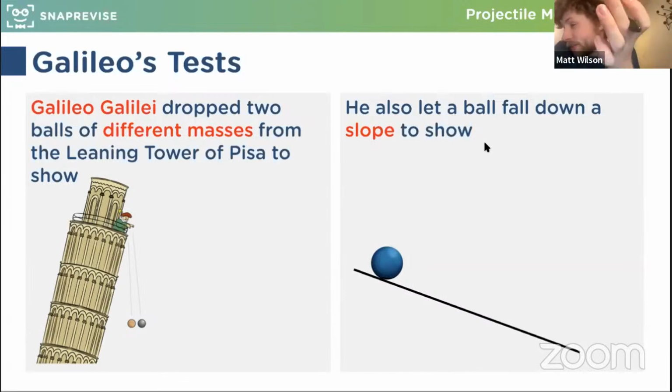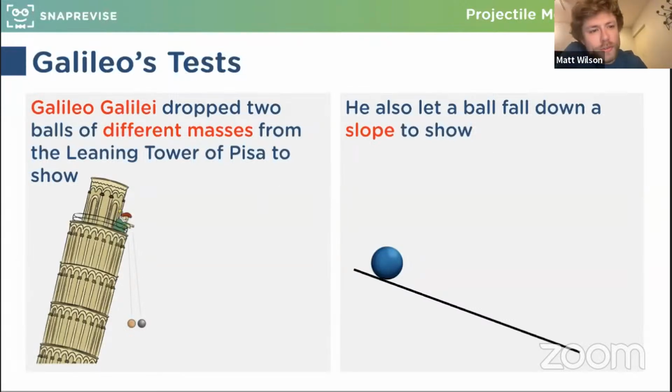We know that things will speed up, they will accelerate when we let go of them. When I let go of a ball, it's moving at no velocity and then it speeds up towards the ground. So that's fine. What is surprising though, is that if it were not for air resistance, then every object would fall towards the Earth at the same rate.